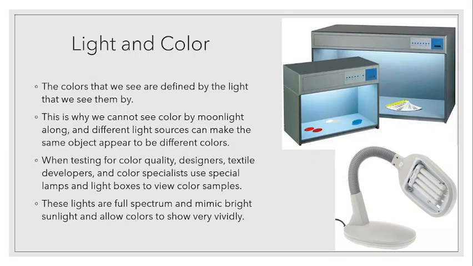Samples are placed in the box and viewed underneath the full spectrum light. The lamp on the bottom is a special lamp with a special bulb that has a full spectrum light and can create very bright light. It's important to use these bright full spectrum lights as they can make even very subtle differences between color much more obvious.